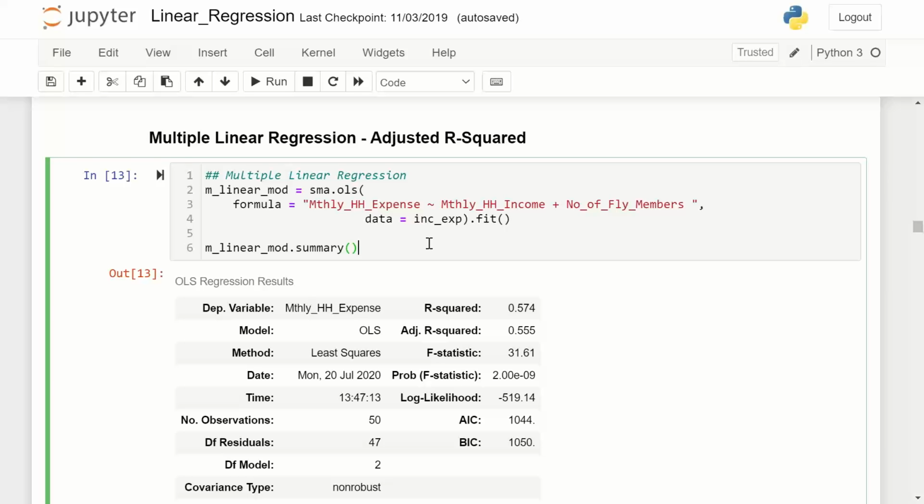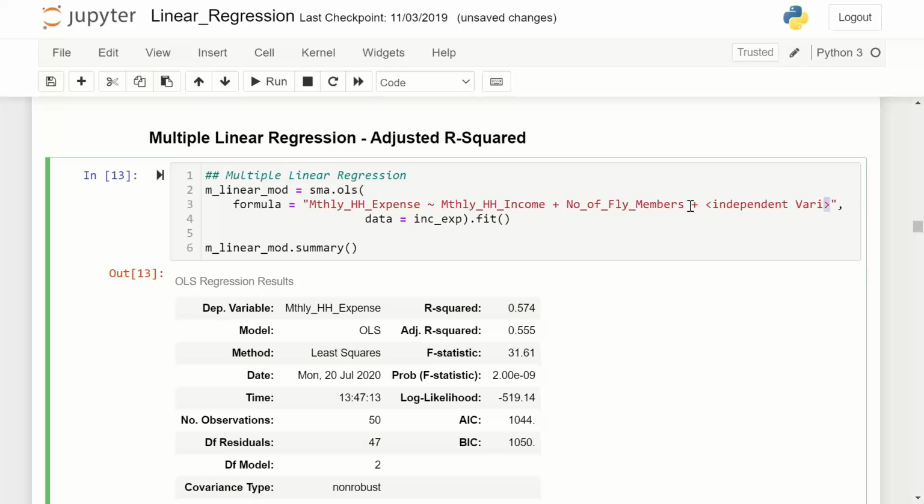Okay, coming to multiple linear regression. How do we write multiple linear regression? This is my dependent variable, tilde. Just write independent variable plus the next independent variable plus the next independent variable. You keep writing like this.